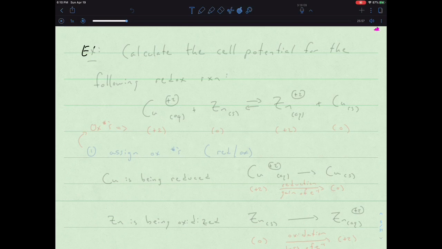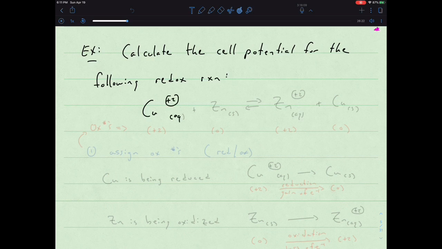So let's do an example of this. We want to calculate the cell potential for the following reaction.